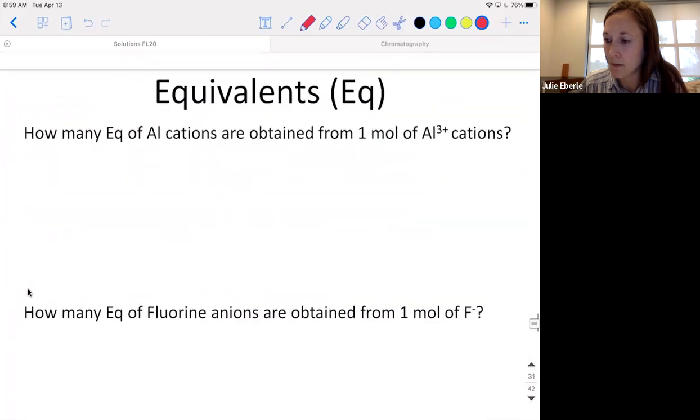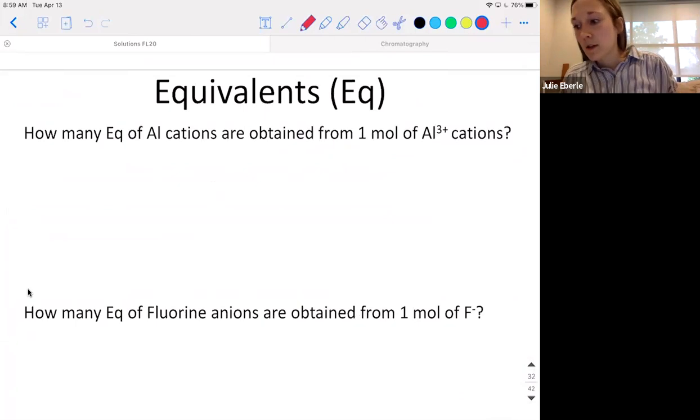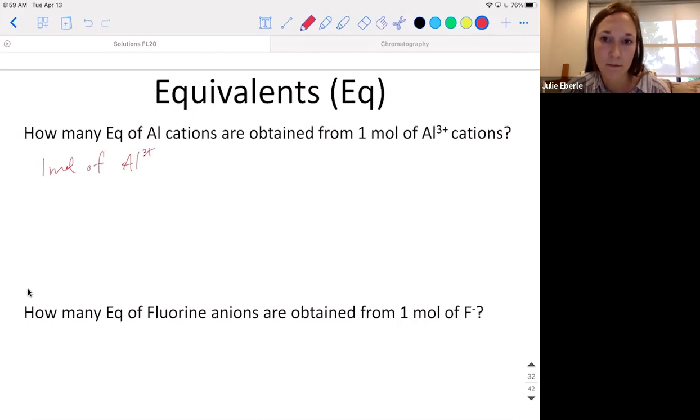All right, so I want to ask you this question. How many equivalents of aluminum cations are obtained from 1 mole of Al3+ cations? How many equivalents is this? If I have 1 mole of Al3+, how many equivalents is that? Kylie says 3. Okay, how do we determine that?